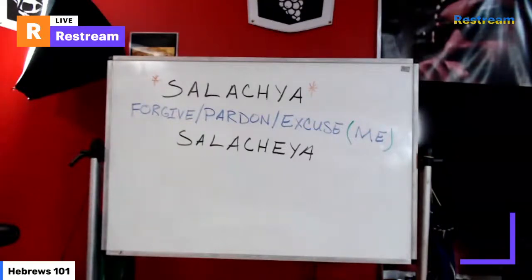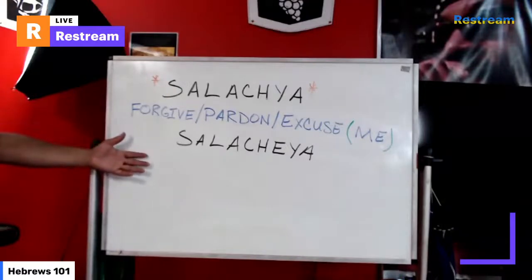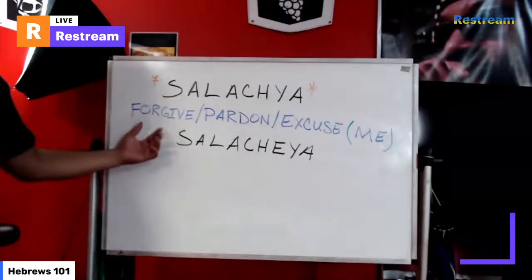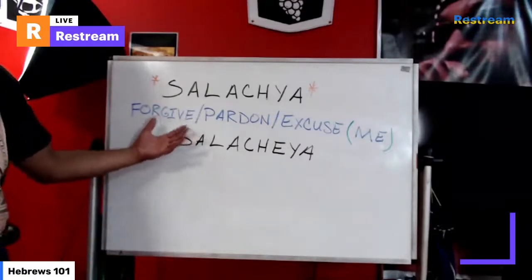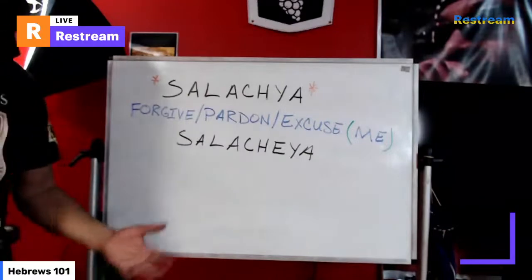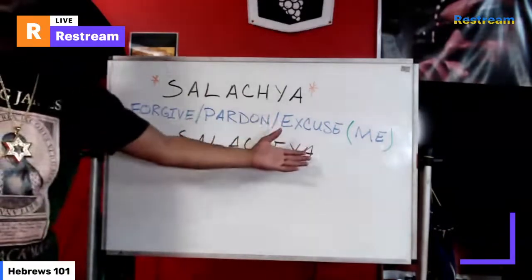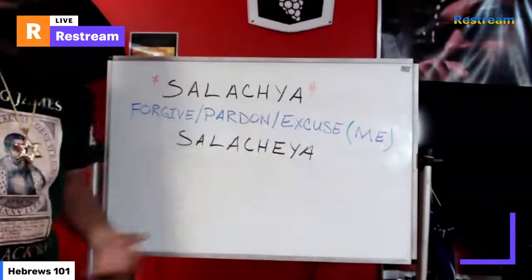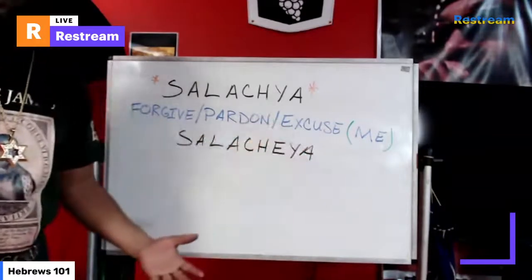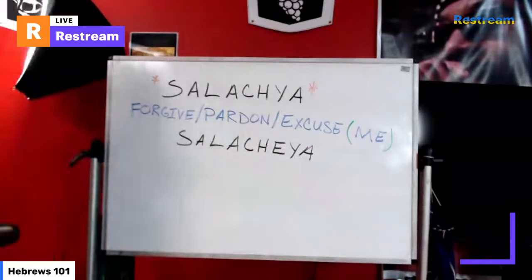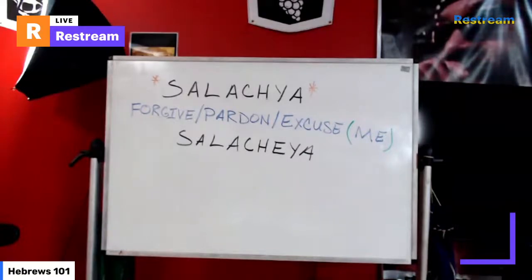So, for instance, if you bump into somebody, Salakia, forgive me for bumping into you. Salakia, forgive me for interrupting you. Pardon me. Excuse me. Somebody's in your way. Hey, Salakia, I need to get by. Excuse me, I need to get by. So again, we are saying Salakia, which means forgive me, pardon me, excuse me.